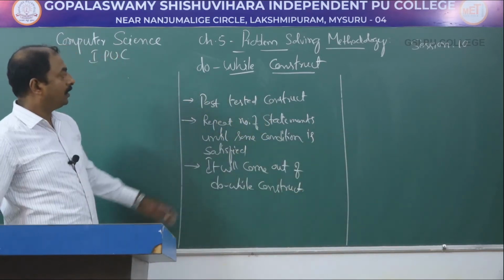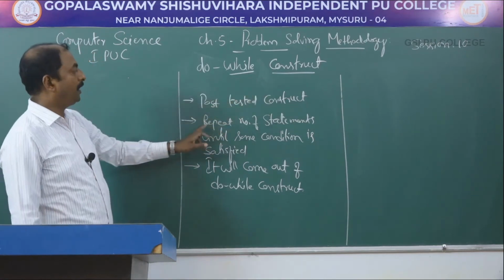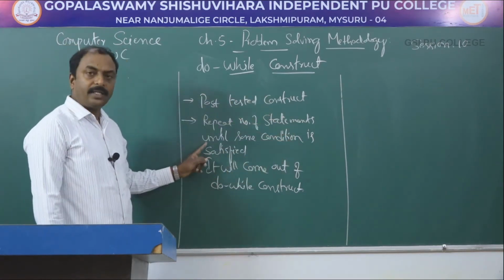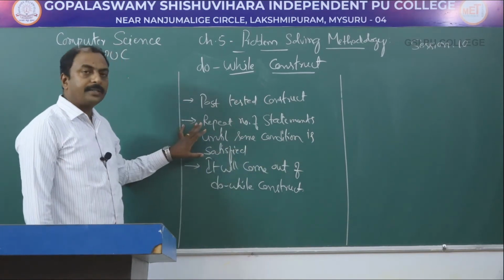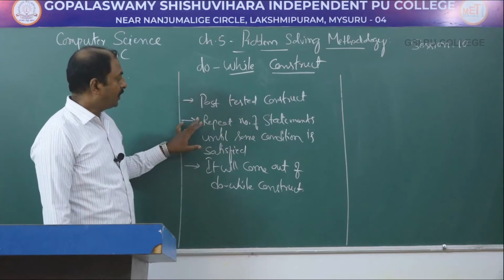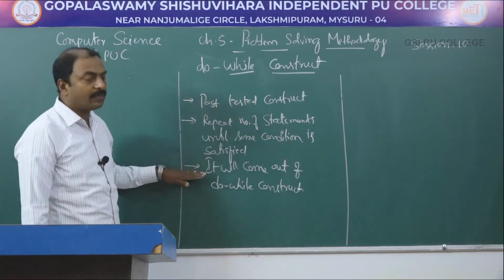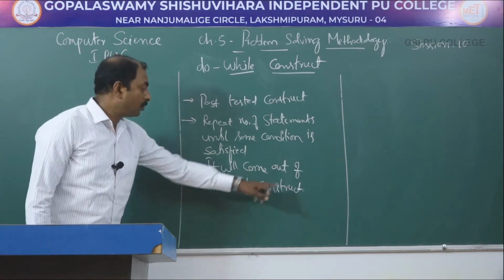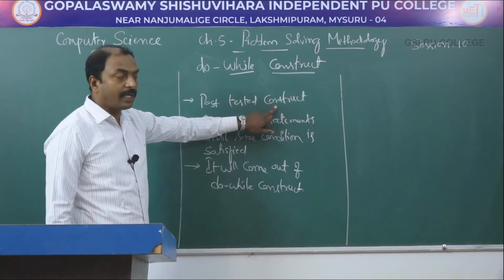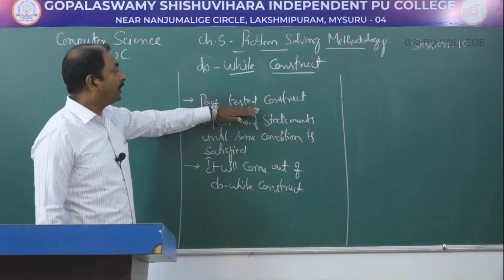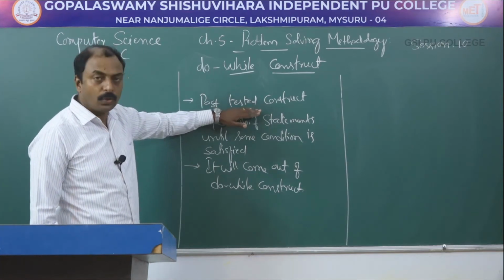Students, here the do while construct is used to repeat a number of statements until some condition is satisfied. I mean to say, as long as a condition is true, it repeats a number of statements, and once the condition fails, it will come out of the do while construct. It is called a post-tested construct because the condition will be tested at the end of the construct or end of the loop.